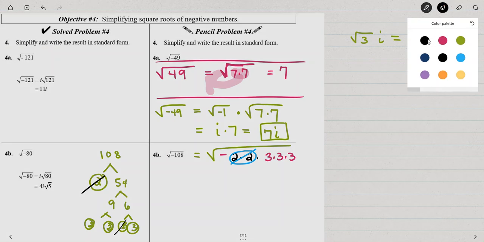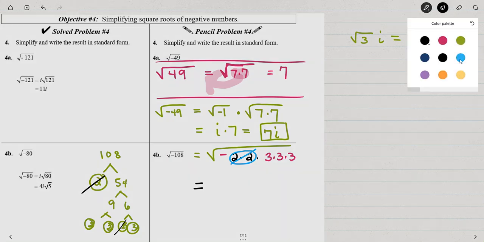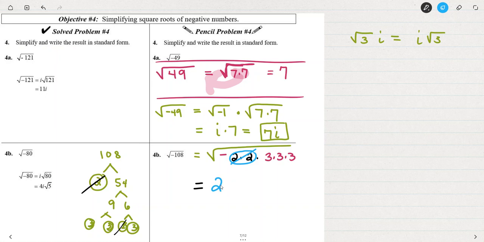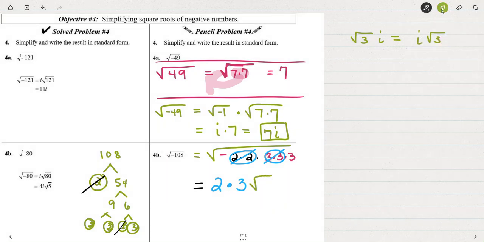Let me catch us up here. I'm going to start with that 2. So 2 2s can be removed and we get a 2. 2 3s remove, and then what's left inside our radical? We still have the square root of 3, and then we have our i.